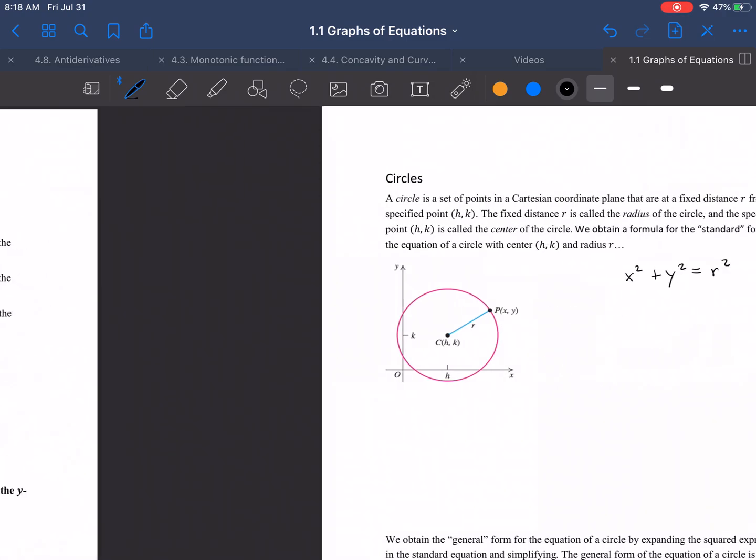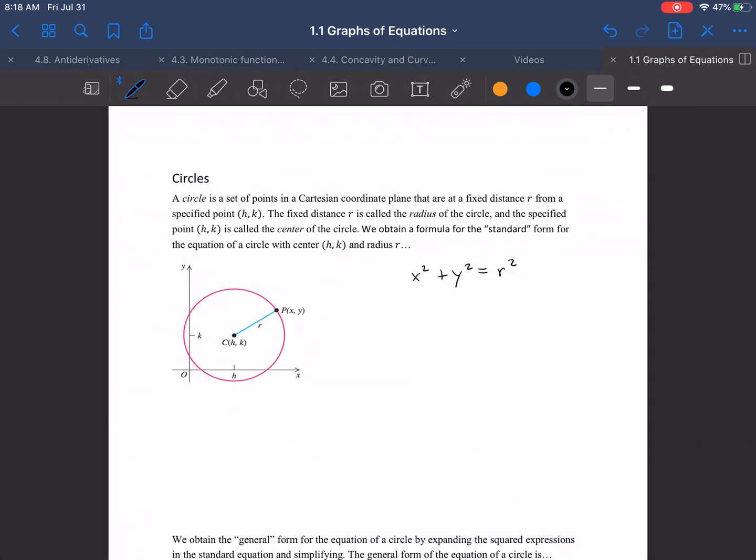Okay, and then that would be our normal amount. But what we're going to have to do here is actually shift this in the x direction. So we're going to shift this equation because we don't necessarily have to. This x squared plus y squared equals r squared is one that has a circle that's centered at the origin, but they're not necessarily centered at the origin.